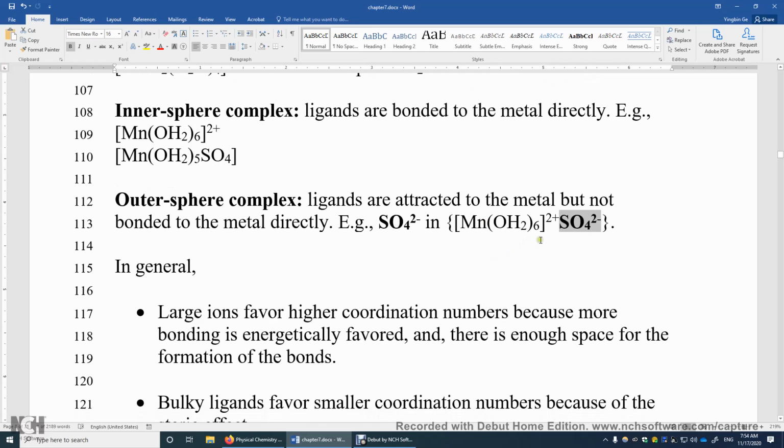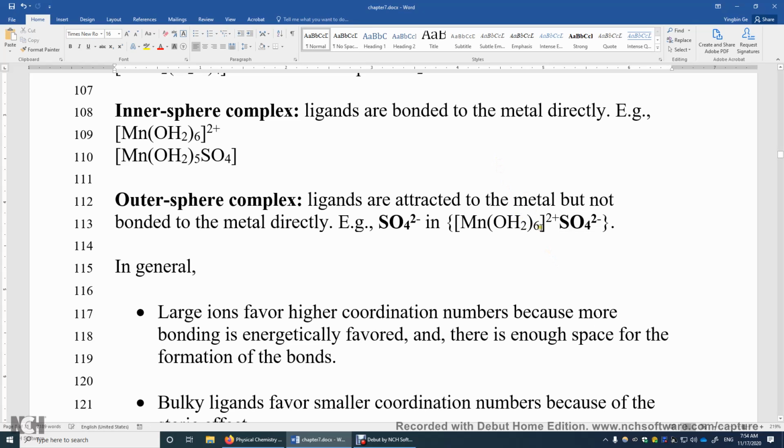So therefore, we say this is outer sphere complex, referring to this sulfate, not as a real ligand, but as an anionic polyoxo anion surrounding the transition metal complex.